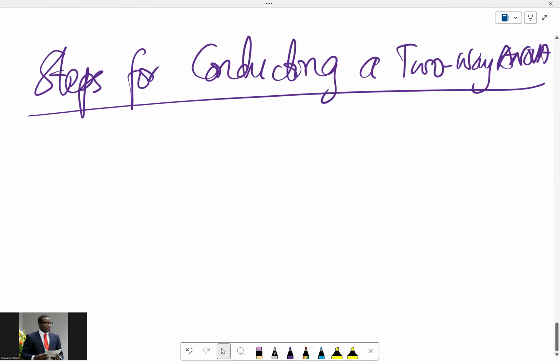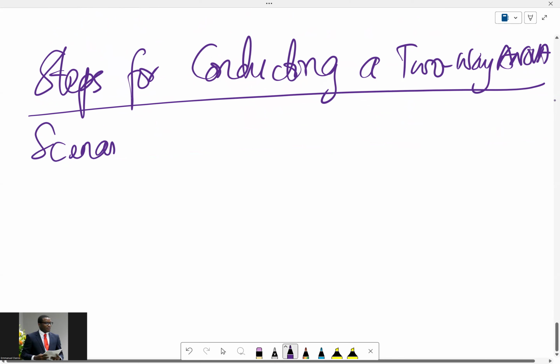So let's look at the kind of scenario we're considering, which has been stated previously even.